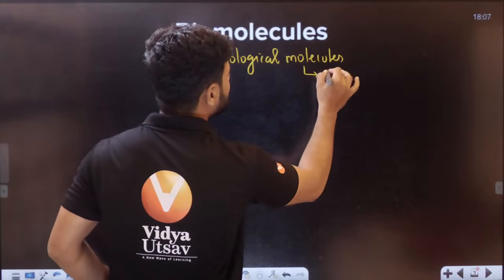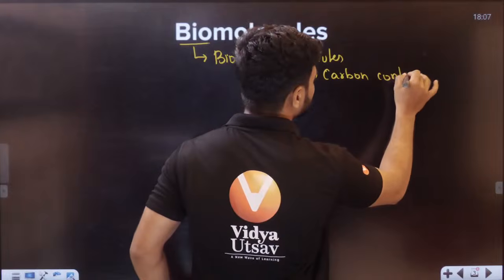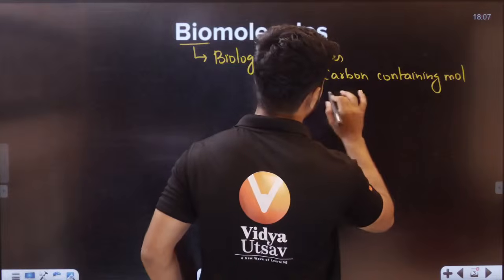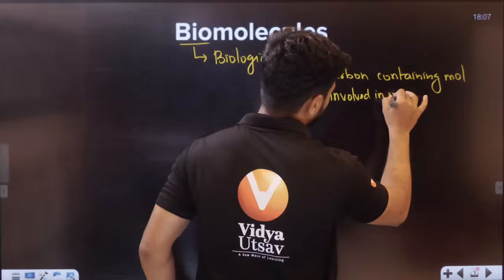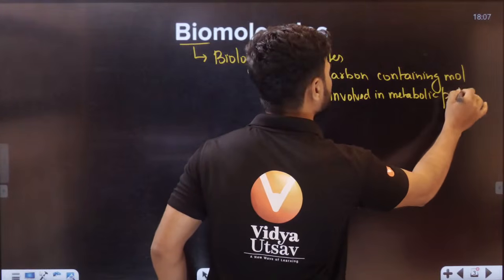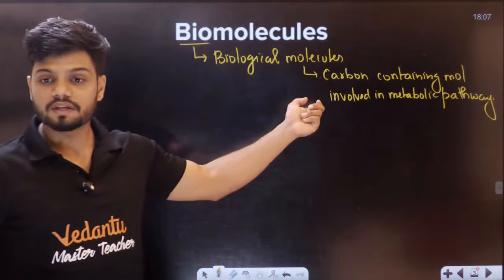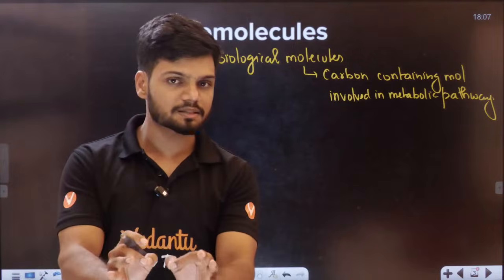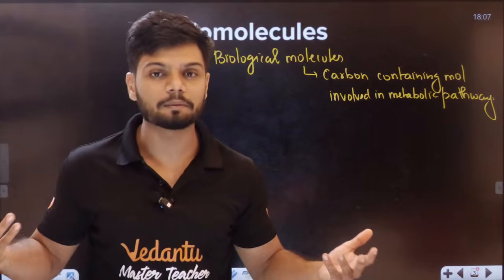These are carbon containing molecules involved in metabolic pathway or metabolic process. So all of these, students, are different types of molecules. They are carbon based. They are present in our body in different types of metabolic pathways.